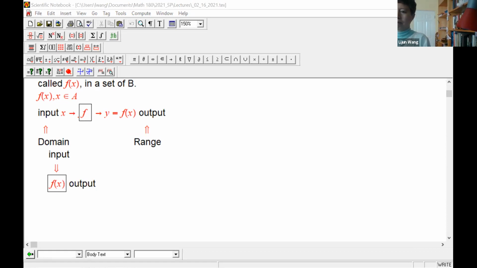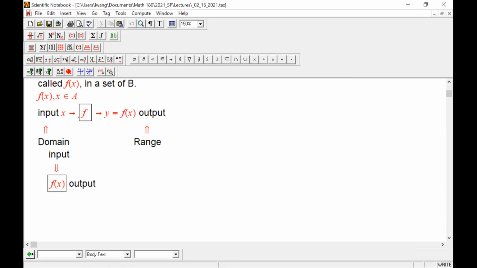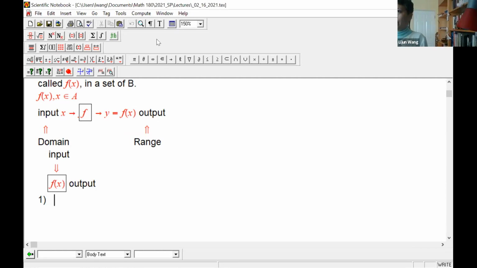Yes. The first function. f of x equals c. What does it mean?